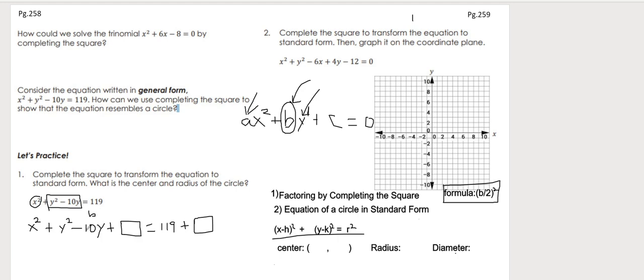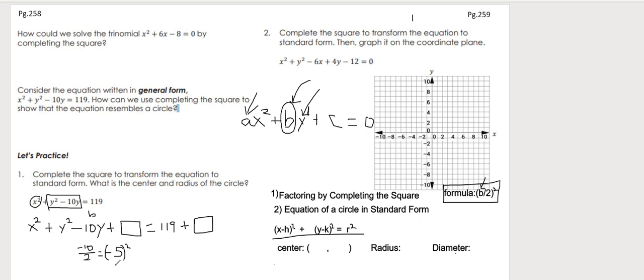So what I'm going to do, in this case it is negative 10, which is b. Notice if I go back to this formula right here, that's b divided by 2, and that's going to give me negative 5. And then what I'm going to do, once I divide, I'm going to square it. So I'm going to square negative 5.